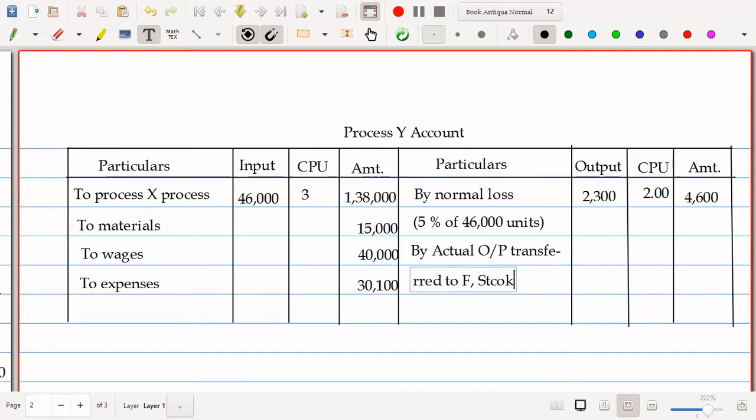What was that? It was given as 43,000 units.